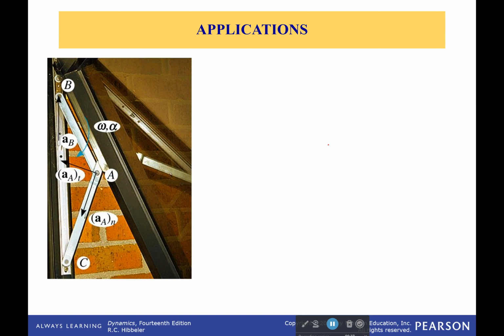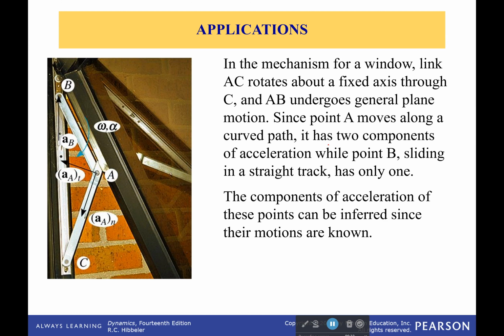However, we're going to get some extra components in here because the acceleration is going to have a normal and a tangential component. So, for example, in this mechanism for the window, link AC right here rotates about a fixed axis through C. And AB undergoes general plane motion. It's both moving, it's translating, and it's rotating at the same time.